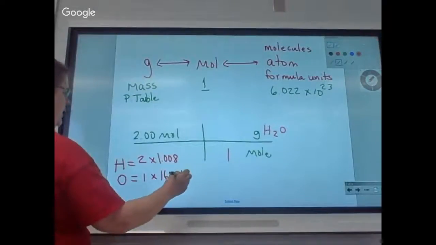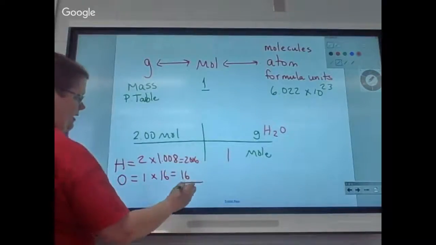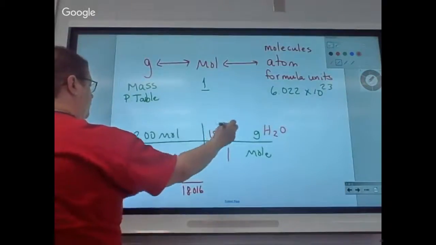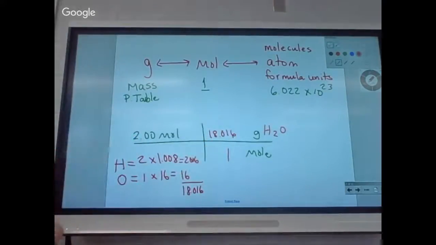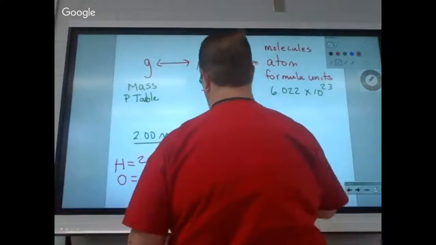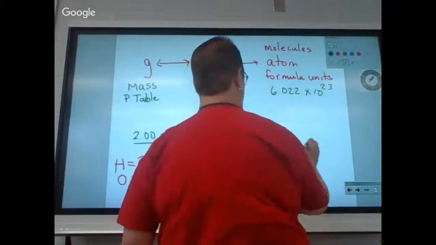Okay, so we get 2.016, 18.016. So now we multiply and we get what? You get what? 36.0.